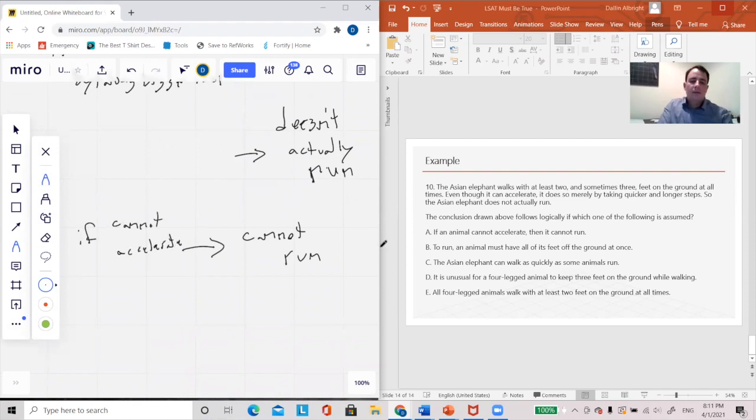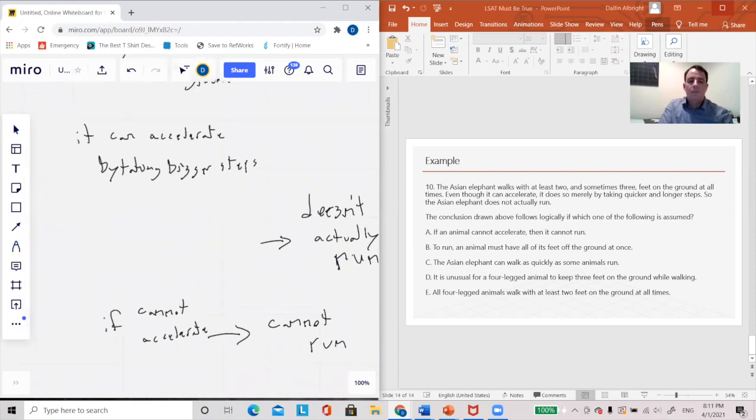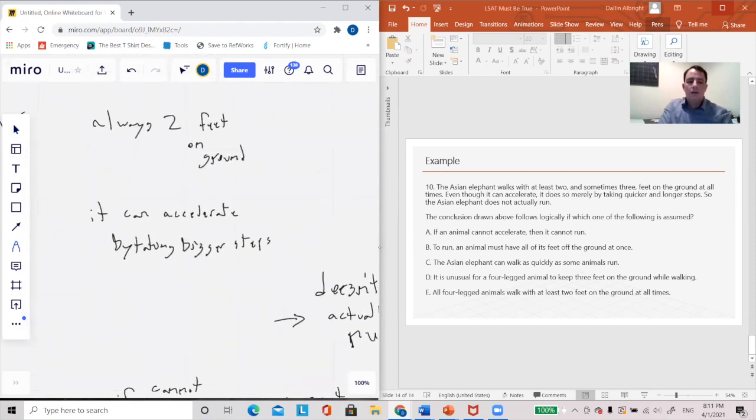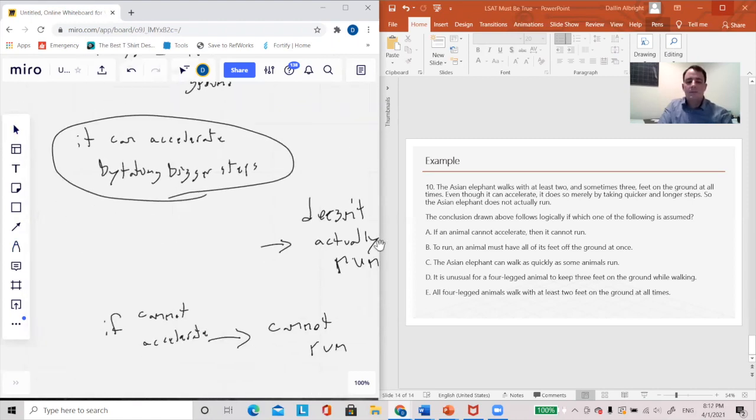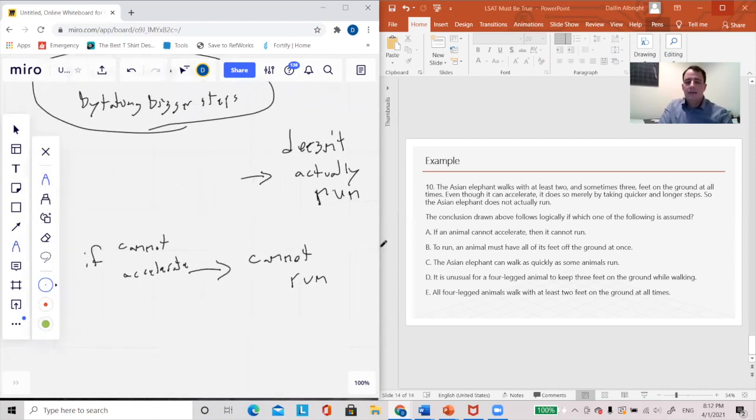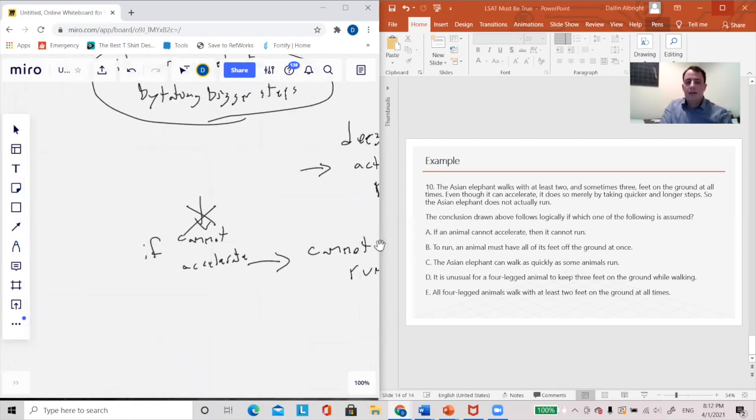But notice within the problem itself, we were given the information that it can accelerate by taking bigger and quicker steps. And so this does not fit into this part of the premise, and answer A does not work as the answer to our problem. It does not logically follow from this conditional statement.